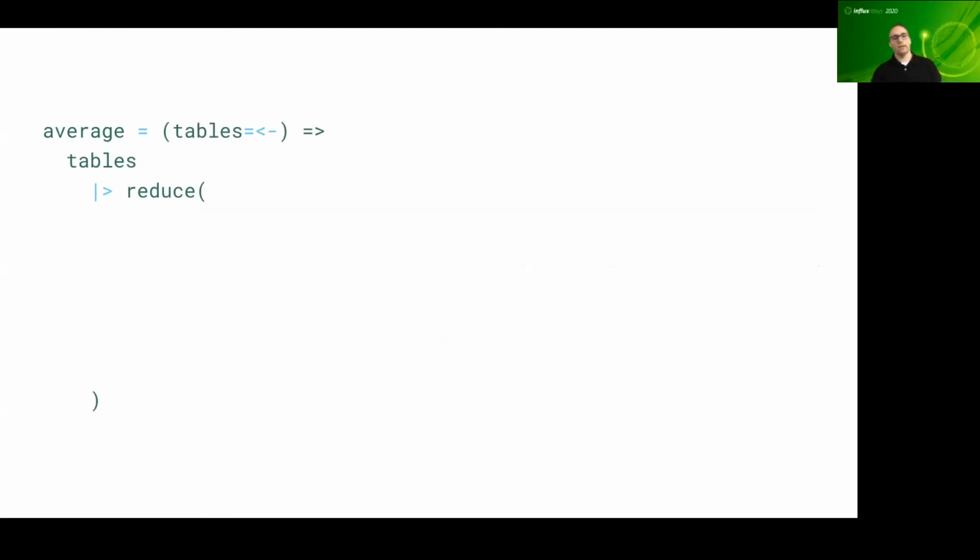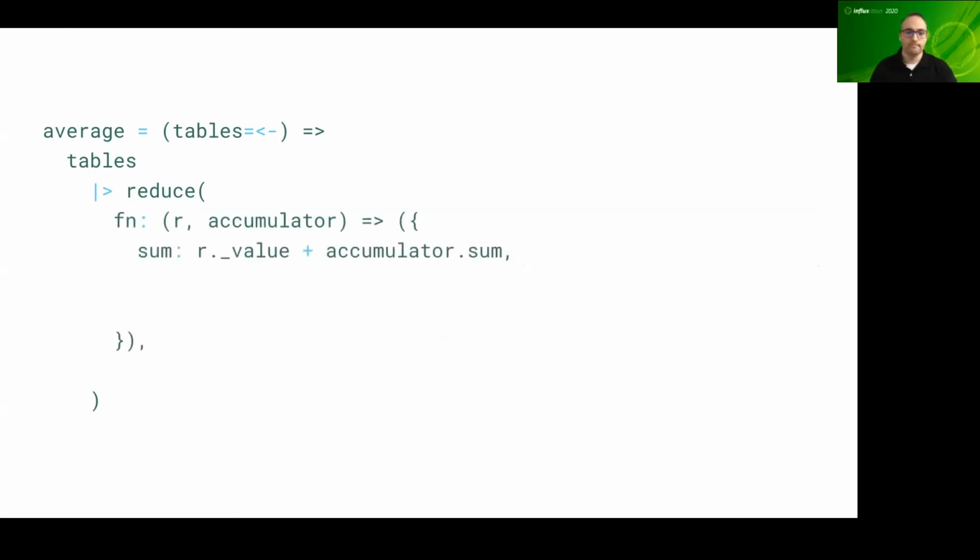But to calculate an average, we first need a sum. So as I define my fn function in my reduce operation, or my reduce transformation, my sum is going to represent the value of the current row plus the sum included in the accumulator.